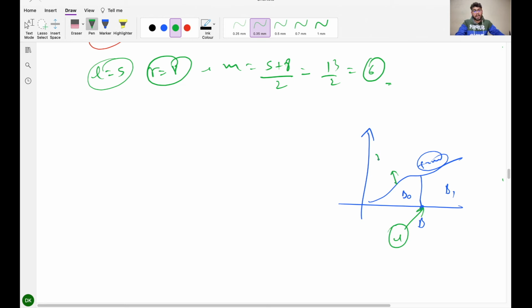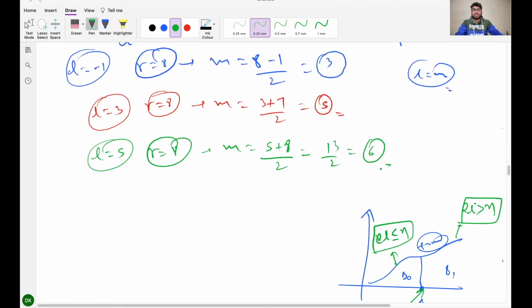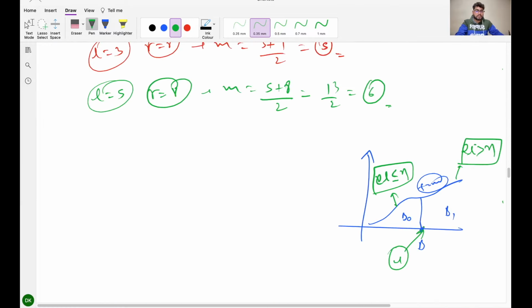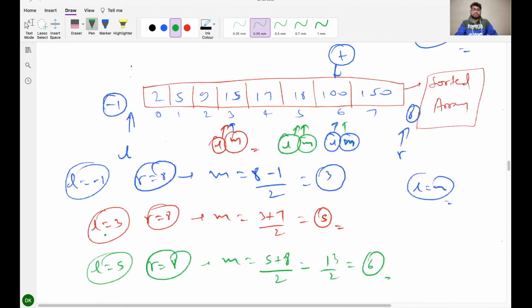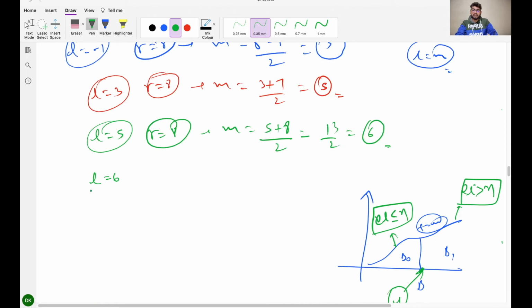In this region elements are less than or equal to X, and in this region elements are greater than X, and my L is at my maximum point. Okay, so again I just have to update my L equal to 6 and R equal to 8.